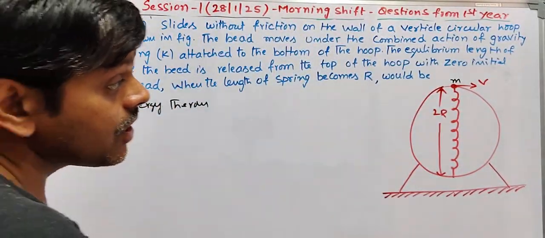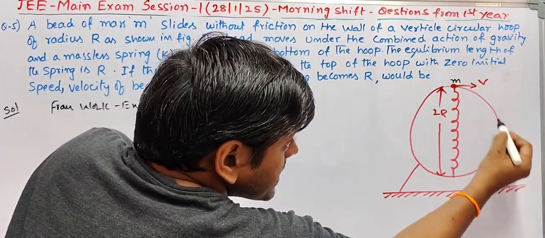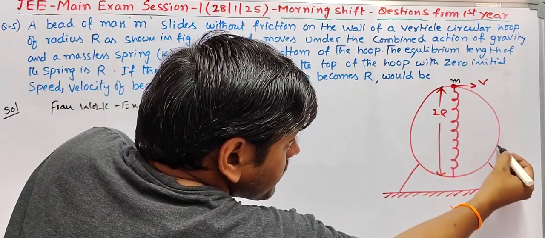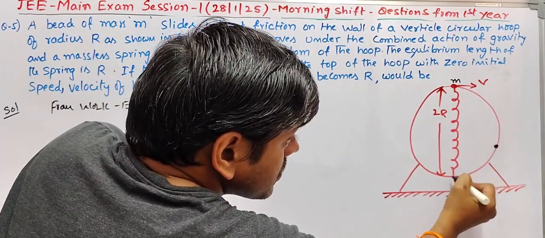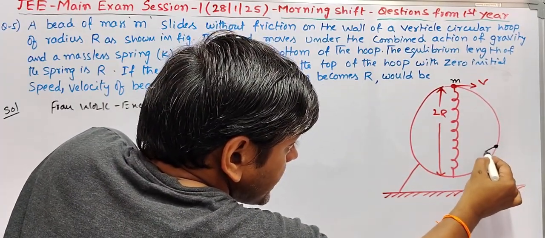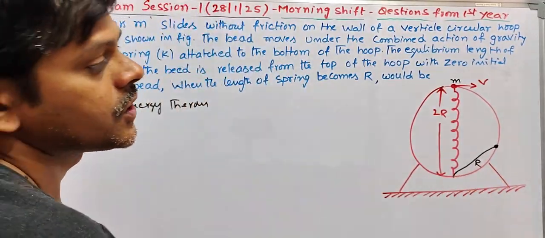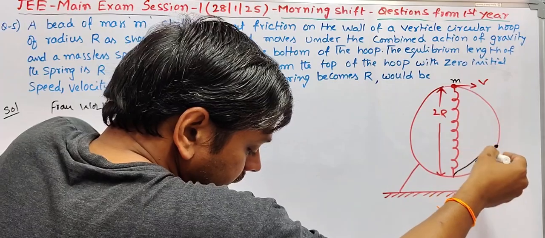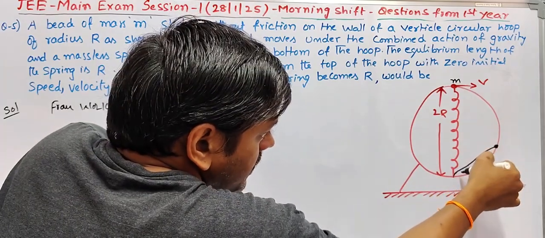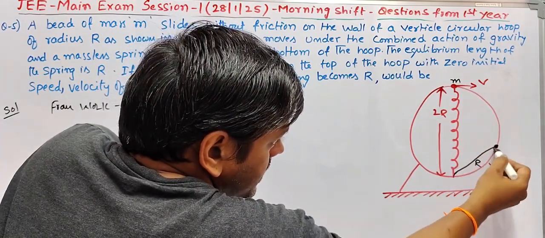He is asking what is the speed of the bead after release from rest when it reaches the point where the length of the spring is R.